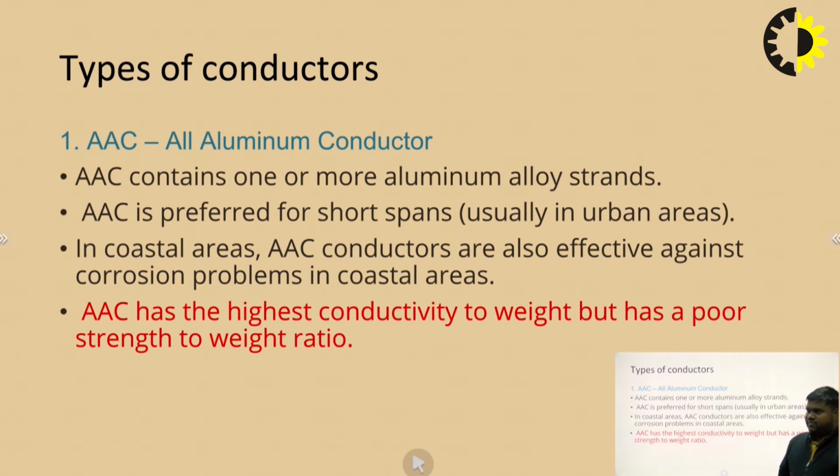So we will talk about the types of conductors. The first one is AAC, that is all aluminum conductor. AAC contains one or more aluminum strands and is preferred for short spans. Usually in urban areas, we may use all aluminum conductors.